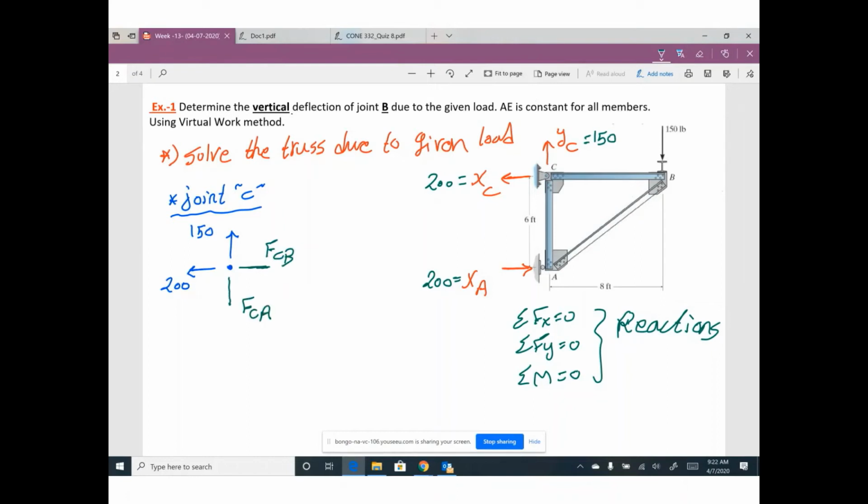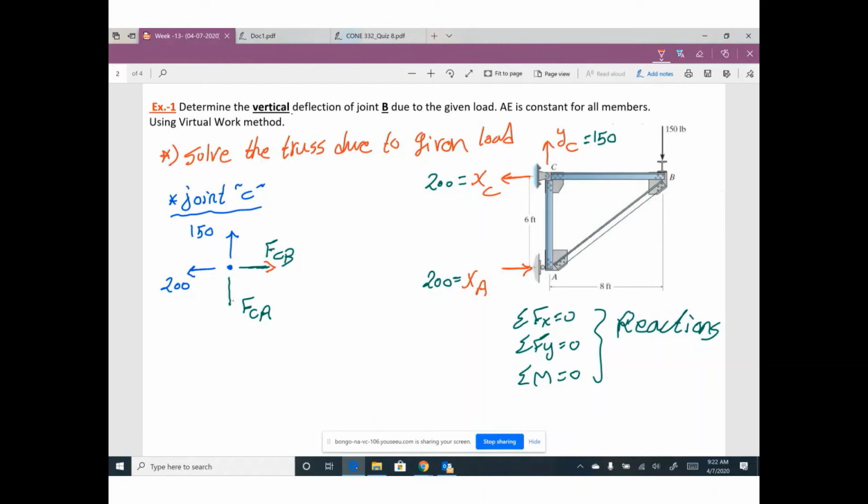We covered this stuff in chapter 3 for trusses, but today we have more experience, so I will try to assume the correct direction from the beginning. That makes sense because we have 200 to the left, which means FCB will be to the right.